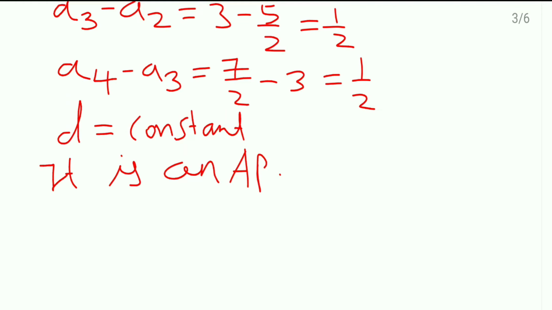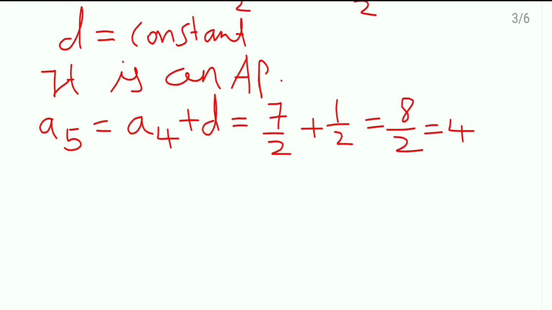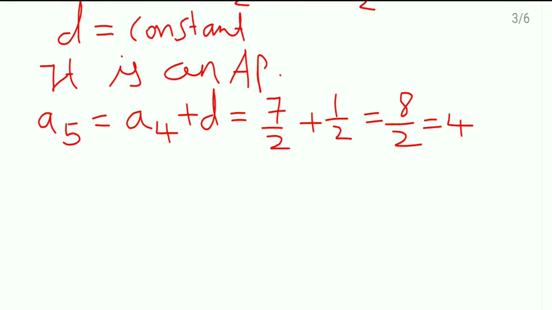We are having till A4. So I'll get A5. A5 means what? A4 plus the common difference, right? So A4 already I know, which is 7 by 2, plus the common difference 1 by 2, which comes as 8 by 2, nothing but 4. To get the A6, sixth term, A6 equal to A5 plus D, where A5 is 4, right?